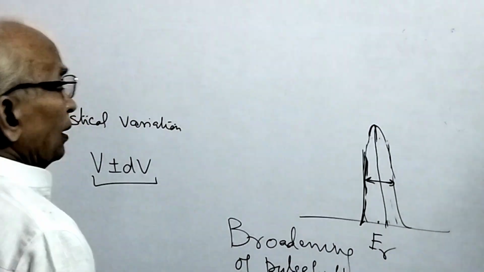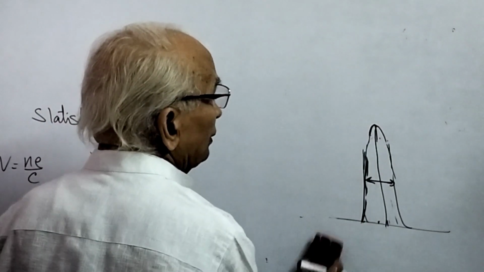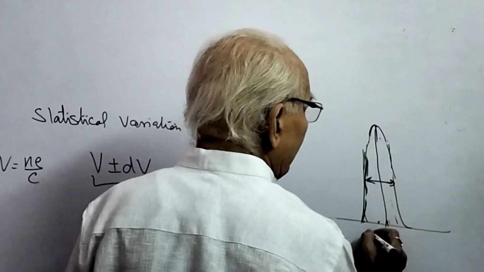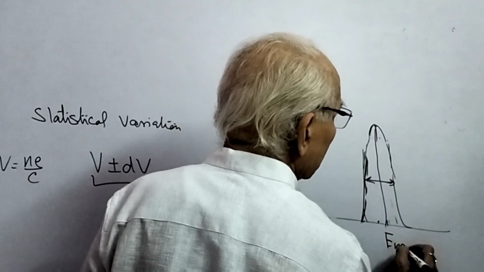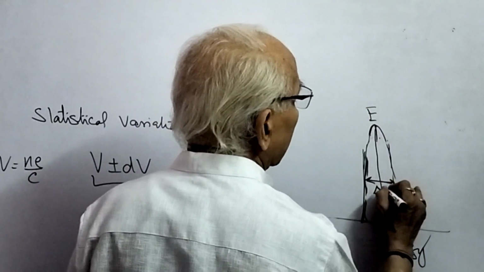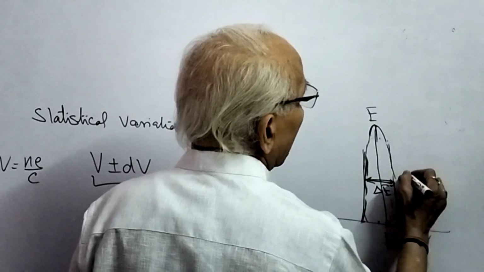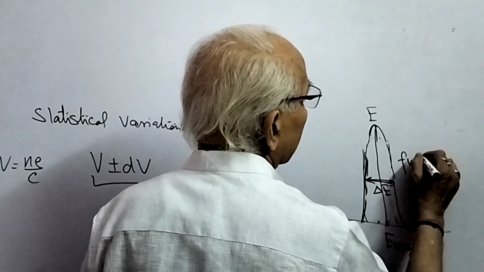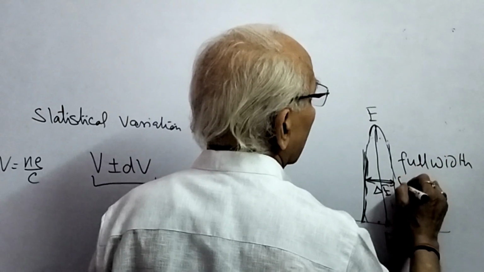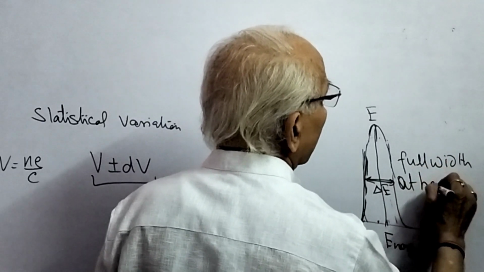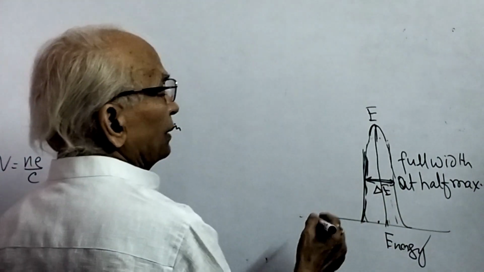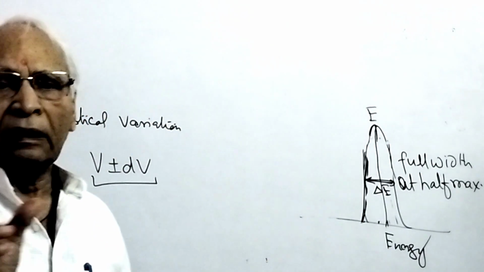So this pulse width, I can say delta V or delta E, if it is energy axis, that E is the energy here, then this is the delta E, full width at half maximum. This is important factor, delta E. How much delta E?